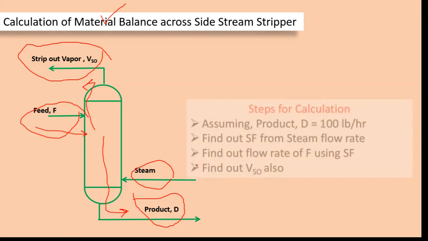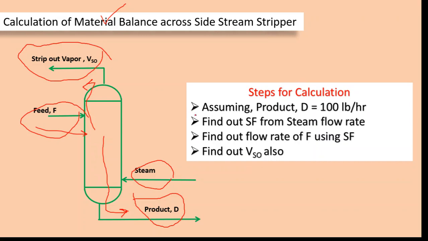How to calculate the material balance? These are the steps. The first step, we assume that the product D, that is the bottom of the stripper, is taken as 100 pounds per hour. That is the assumption; we can then use that value to scale up. The flow rate of D is given, and obviously the specification of this product is also given.